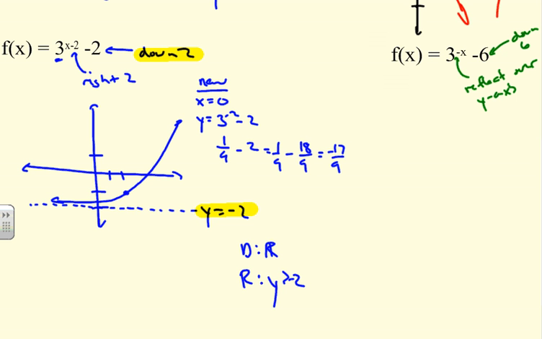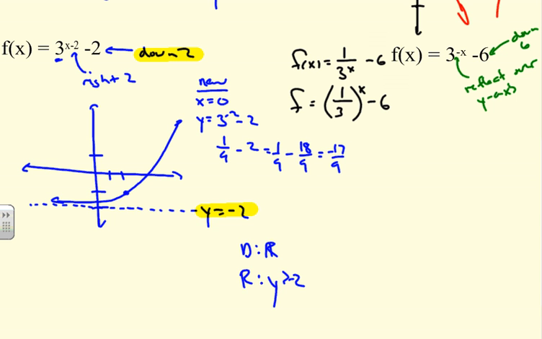Because we have the negative exponent, negative exponents can be rewritten. And we can rewrite this as f of x equals 1 over 3 to the x, minus 6, which can also be written as (1/3) to the x power minus 6. That's another way of writing it, which tells us that this, instead of being an increasing function, is going to be a decreasing exponential. So however we want to do it, that's fine.